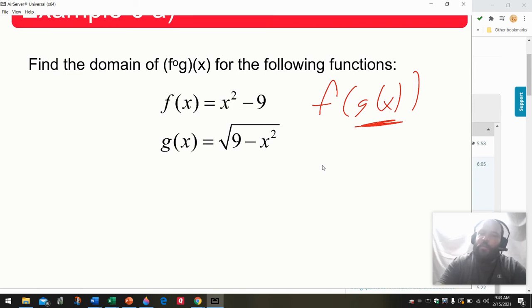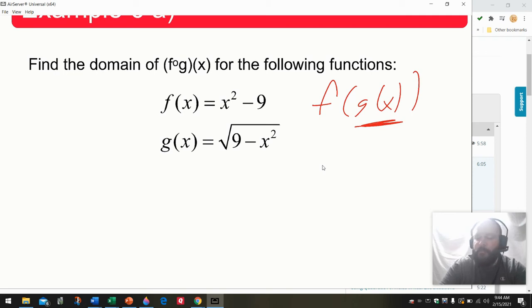And because the outputs of g of x become the inputs of f of x, it's important to remember that if there are restrictions on the numbers that you can put in for g or f, those restrictions hold true for the composed function as well, even if stuff seems to simplify and it wouldn't have any restrictions.